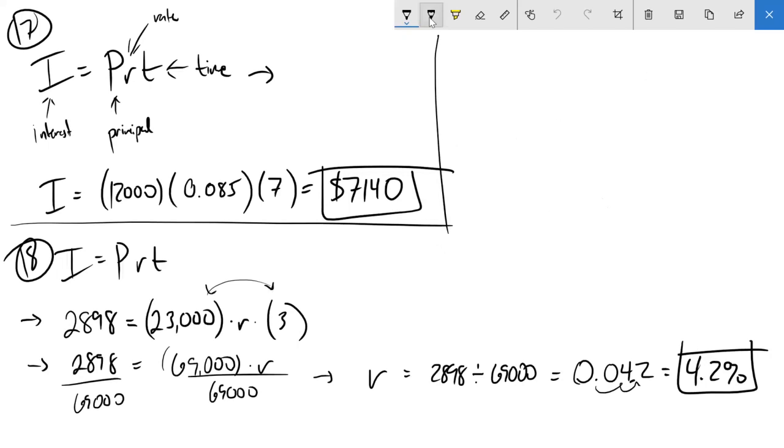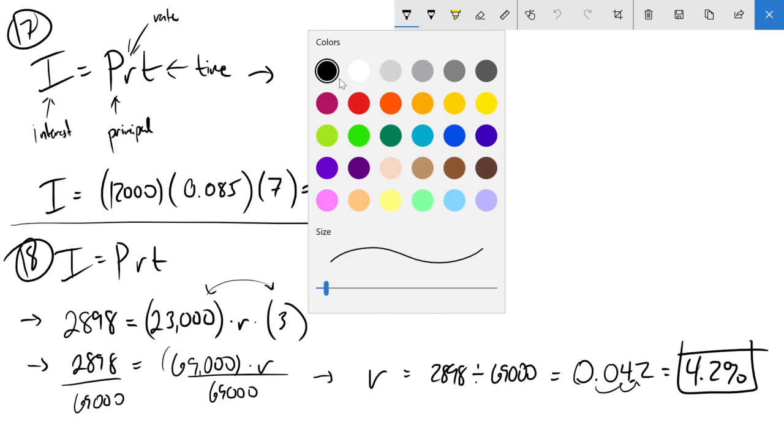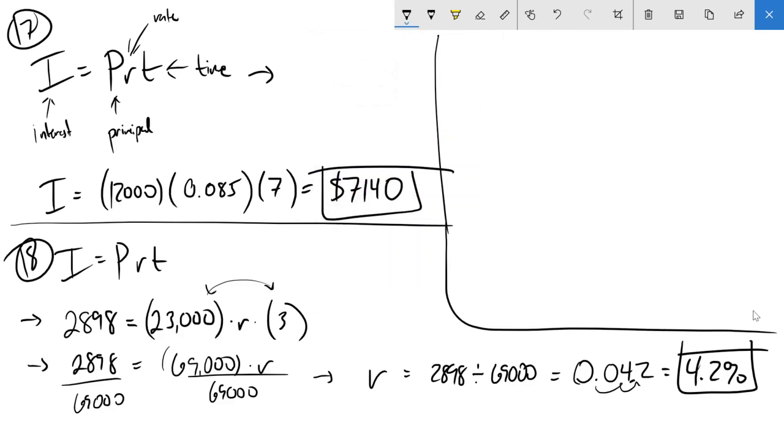So if you're trying to calculate percent change, this was 16, right? You just want to take the new value minus the old value. That gets you the actual change, like the dollar amount. Then you want to divide by where it started.